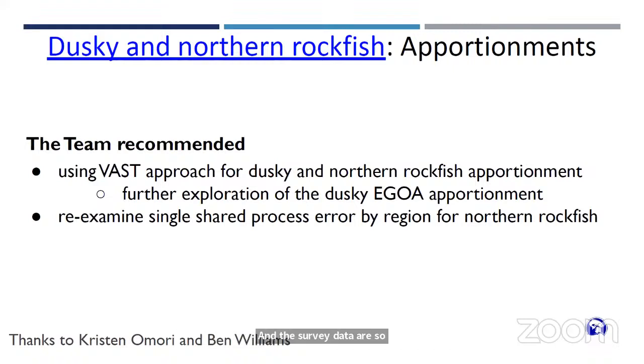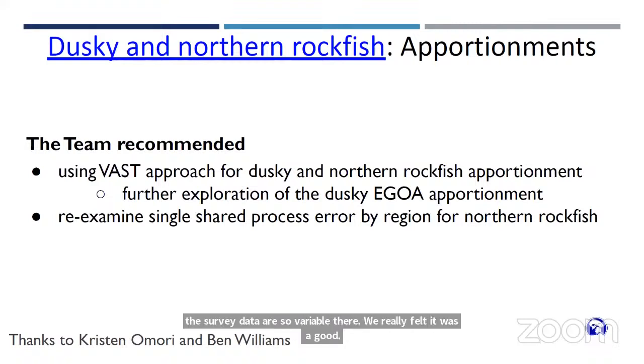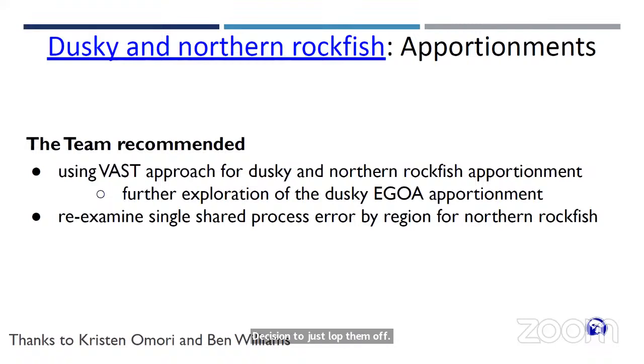We really felt it was a good decision to just lop them off. There's 2 tons that get swapped in and out of the Eastern Gulf. But here again, we talked about looking at a single shared process error for the apportionment. This is done by Ben and Kristen. Thanks.